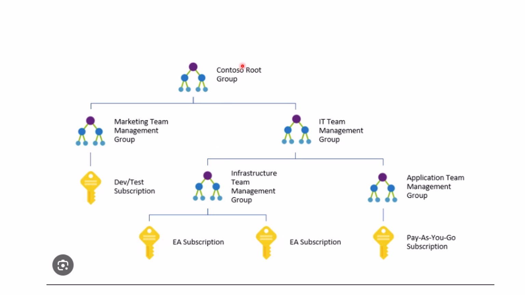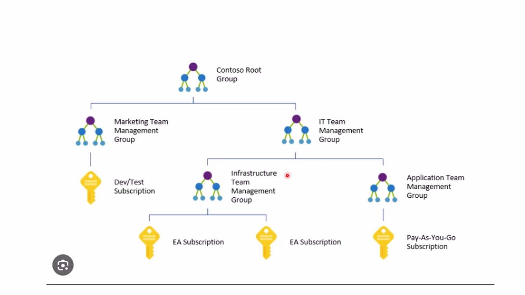In Microsoft Azure, when you create a tenant, you first get that Contoso root group. Contoso is just a fictitious company name here. There are many ways the company can use this arrangement to organize their subscriptions. But the bottom line is that you can have other management groups under it, like in this case the marketing team management group and the IT team management group.